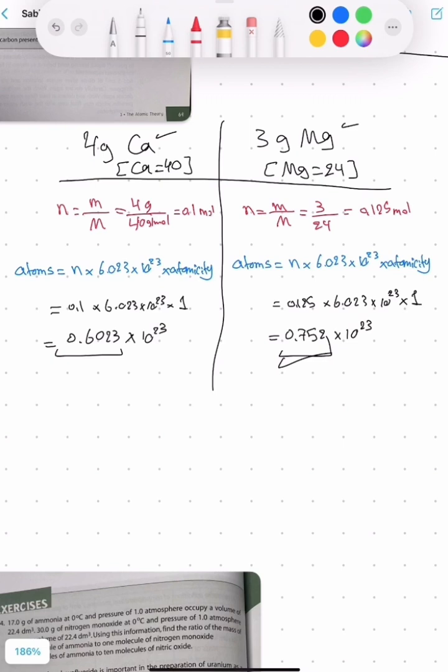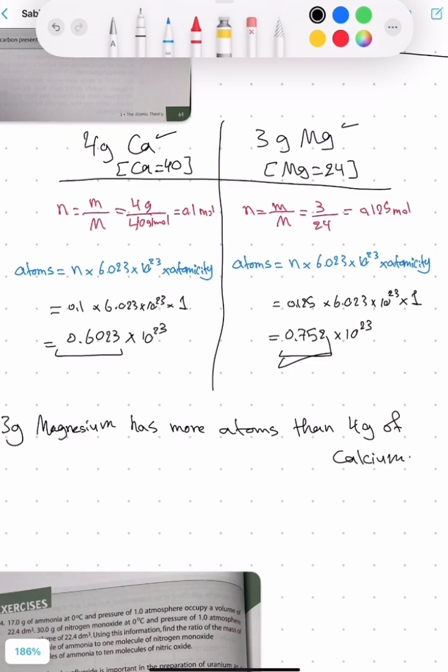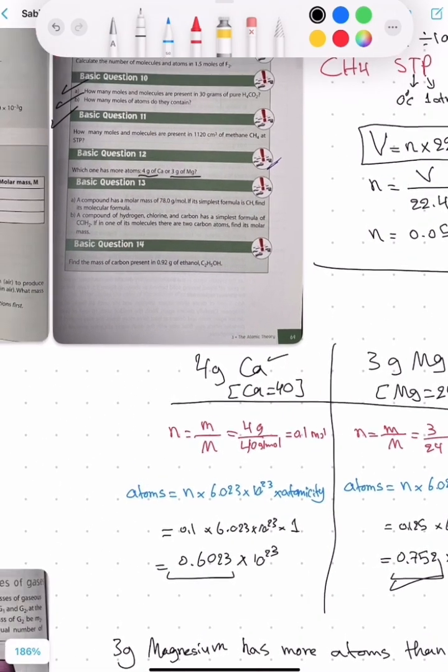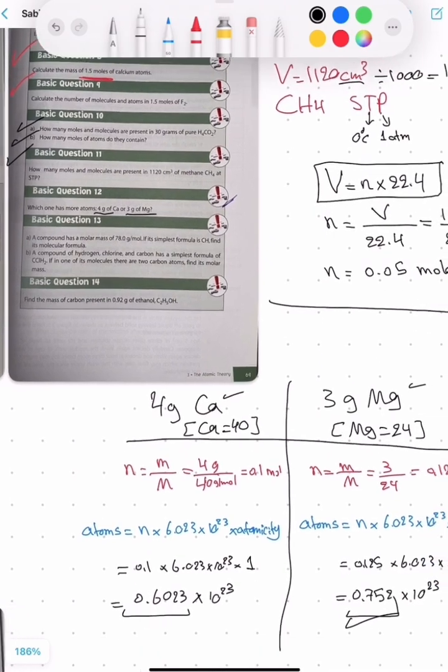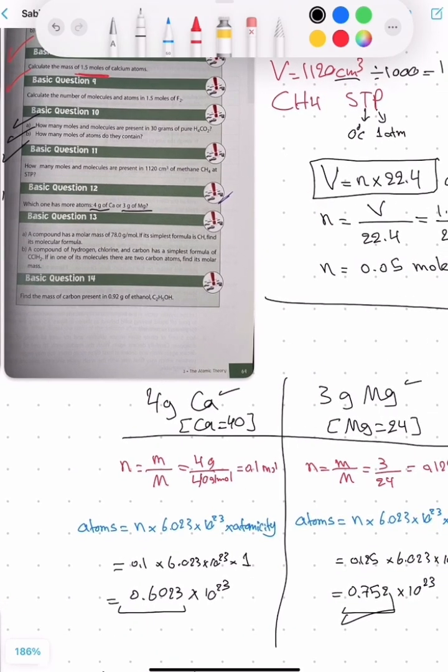You'll form a sentence: magnesium, or to be specific, 3 grams of magnesium has more atoms than 4 grams of calcium. Okay, it's not that hard. You just have to organize your stuff.